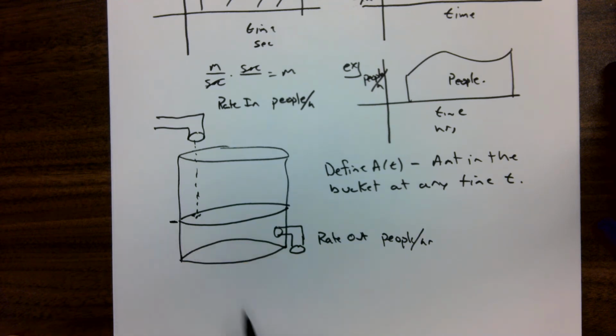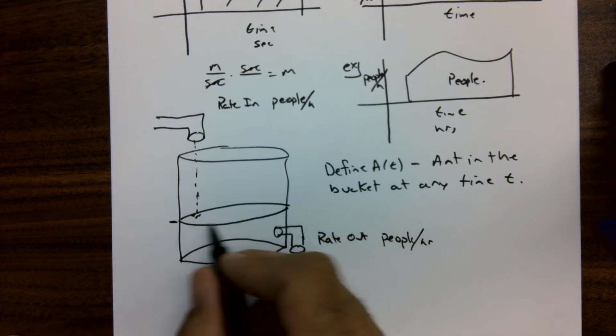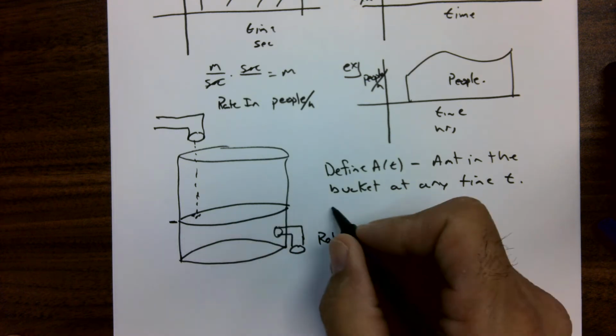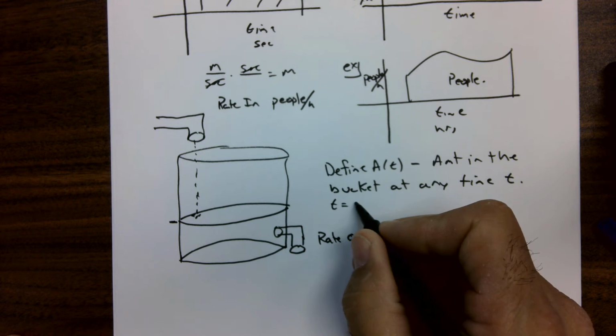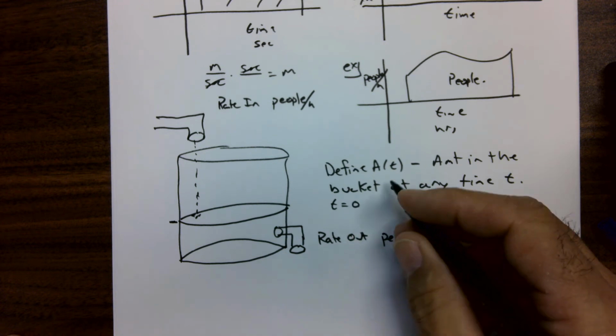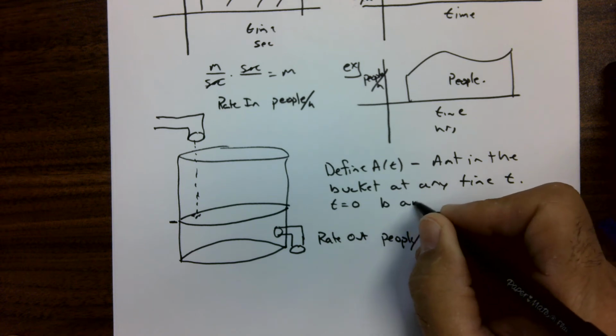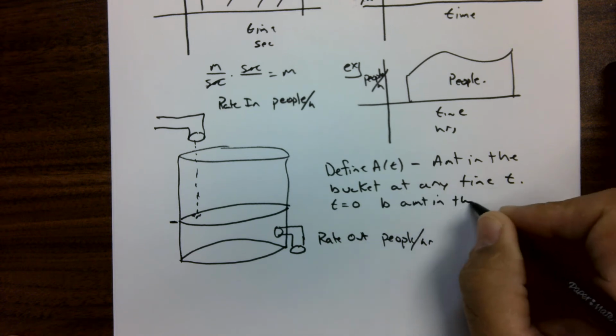Okay, and so we're going to have a starting point here, and let's say that at time t equals 0, there is B amount in there, B amount in the bucket.